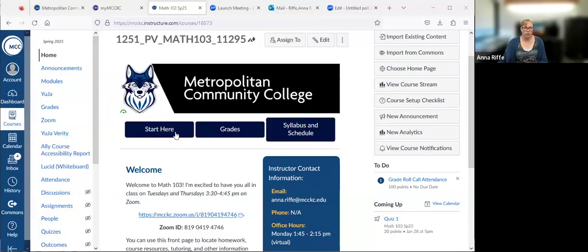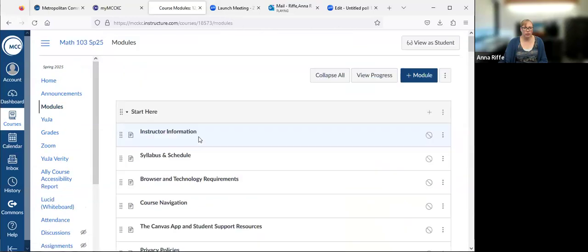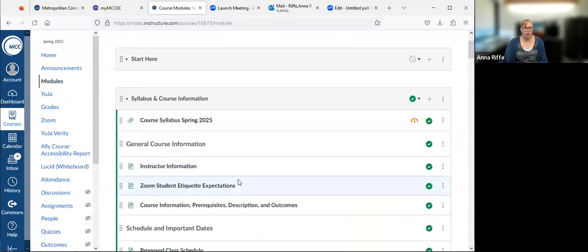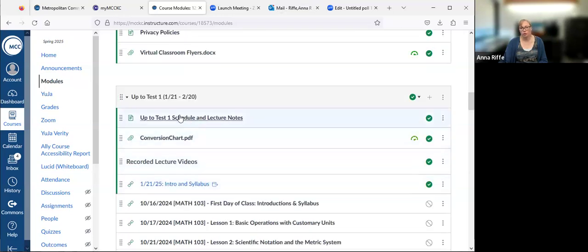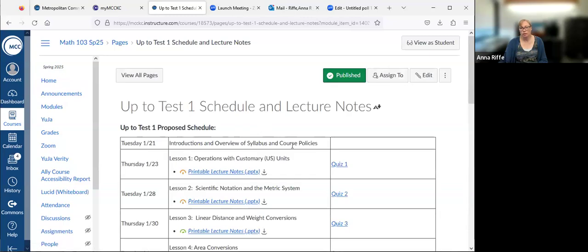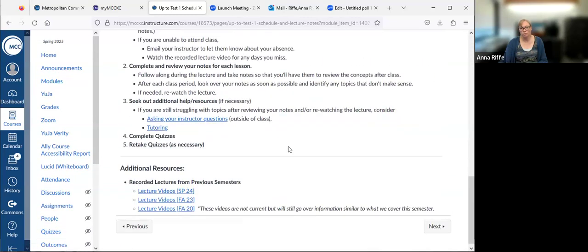You can view them in a couple of different places. Let's jump onto here. If you go to start here, and then you go down to test 1, and you look at the schedule and lecture notes, they're linked in there at the bottom.